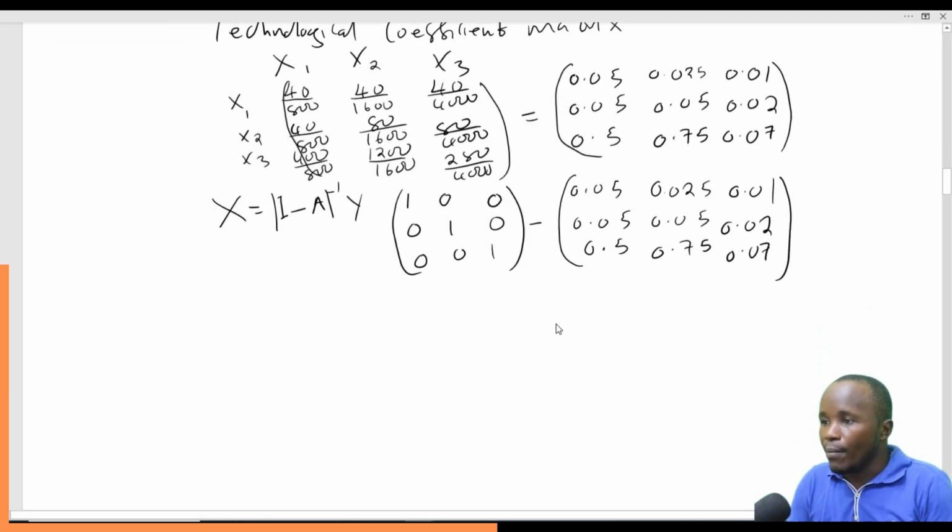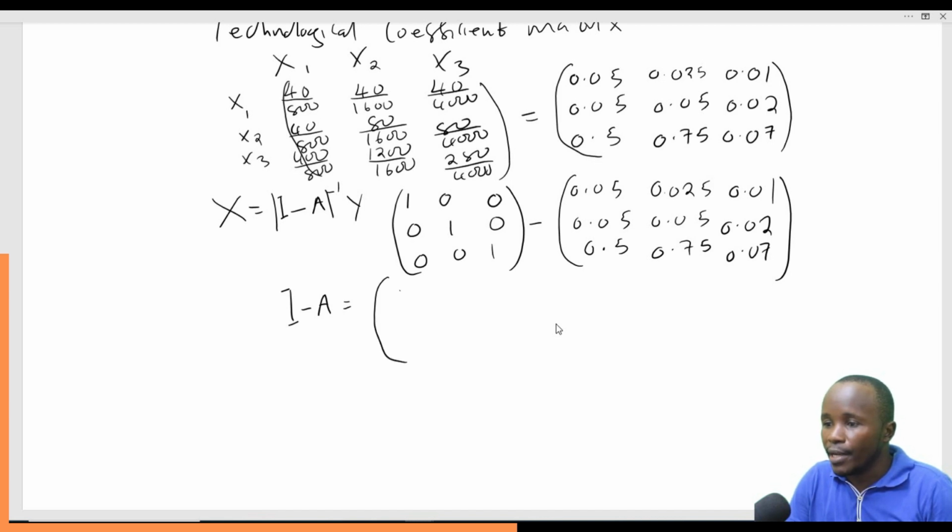Next is 1 minus 0.05. We are working on the identity matrix minus A. This is 1 minus 0.05. The matrix here becomes 0.95. The rest are negative because this is 0. So this is negative 0.025.